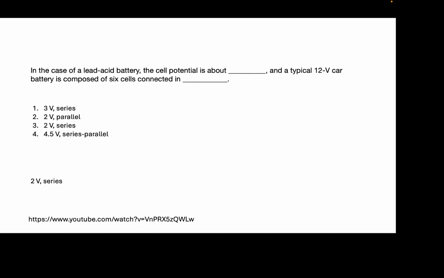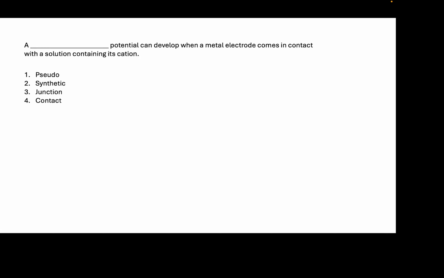Okay, so the next question for today is: a blank potential can develop when a metal electrode comes in contact with a solution containing its cation. Is it a pseudo potential, a synthetic potential, a junction potential, or a contact potential? I'll give you guys 1 minute for this particular question, and your time starts now.